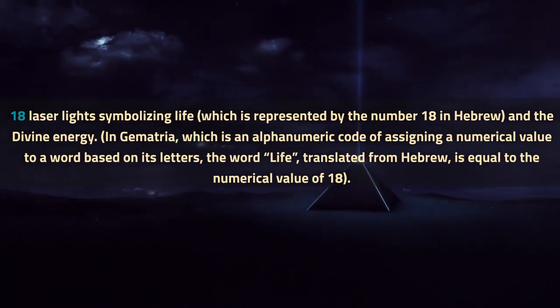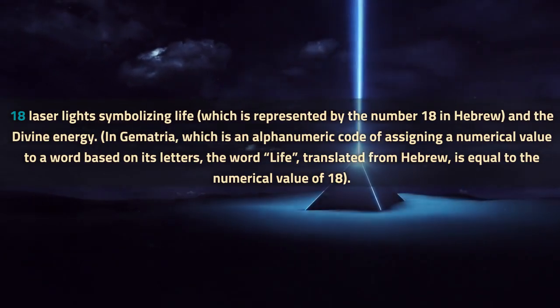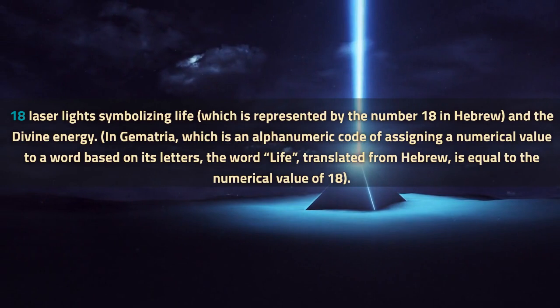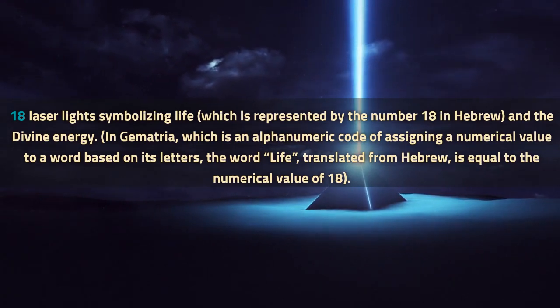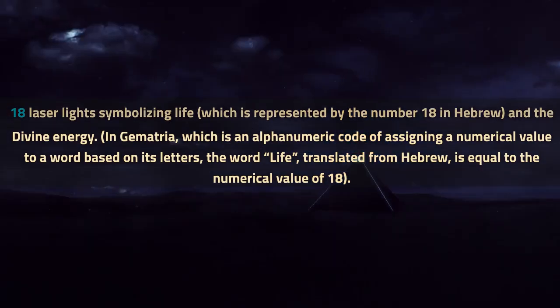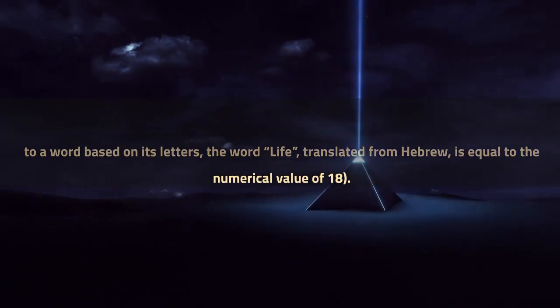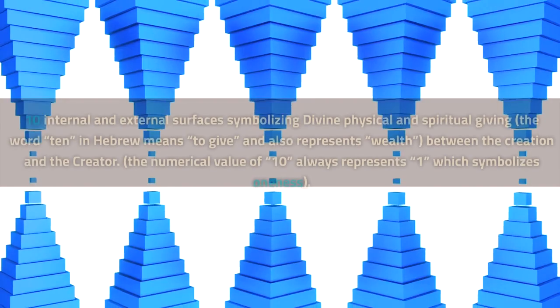In Gematria, which is an alphanumeric code of assigning a numerical value to a word based on its letters, the word life, translated from Hebrew, is equal to the numerical value of 18.